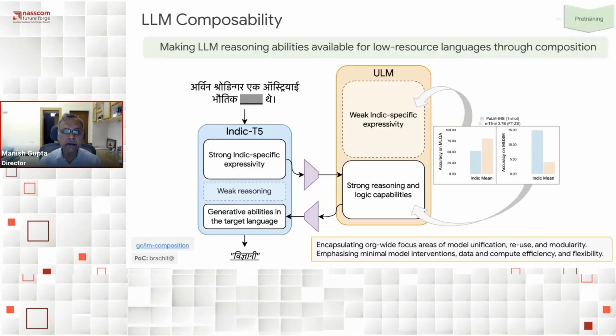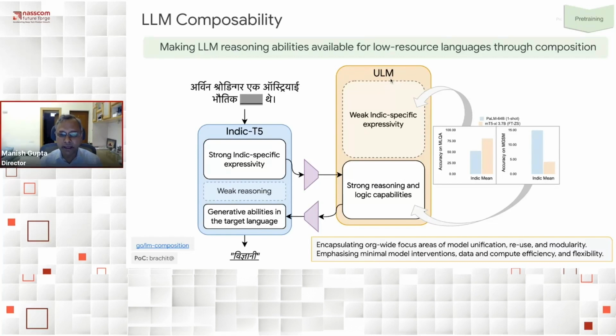And now what we are doing is taking some of these data sets that we are building with rich representations of Indian languages, and combining them with the largest and most capable global models that our colleagues have been building. Within Google, externally this is known as the PaLM 2 model, the most capable large language model.